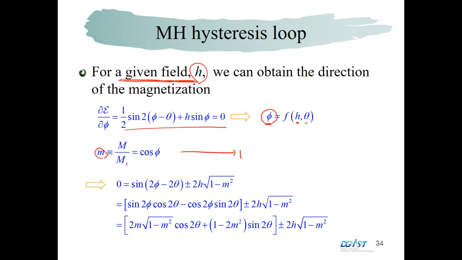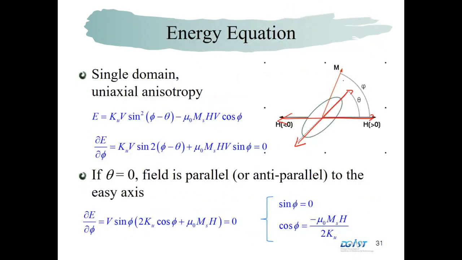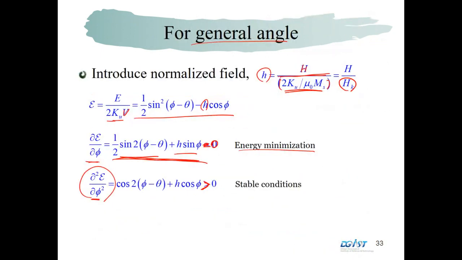If this is the field direction, and this is the z-axis, and this is, let's say, the magnetization direction, and angle phi is defined here, from the field direction to the magnetization.